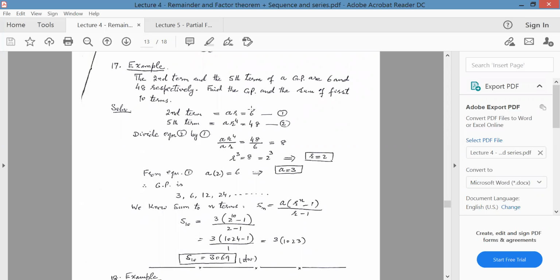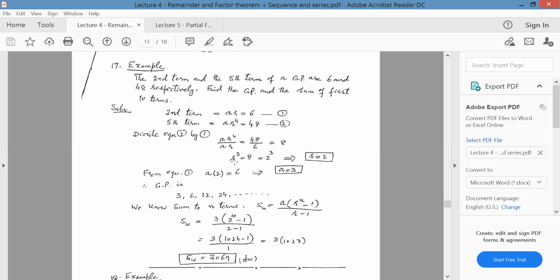Similarly, right hand side will be divided by the right hand side. So 48 upon 6 will be 8 on the right side. a will be cancelled and you will be left with r power 3. So after simplification, you are getting this relation r cube equal to 8.